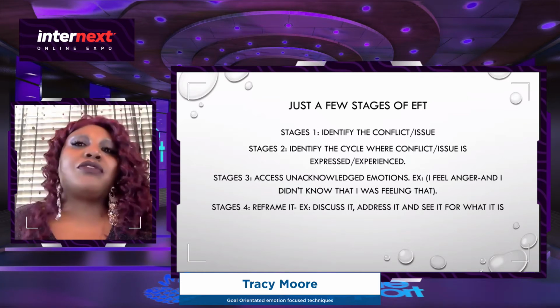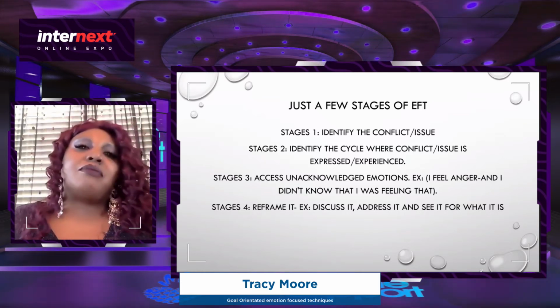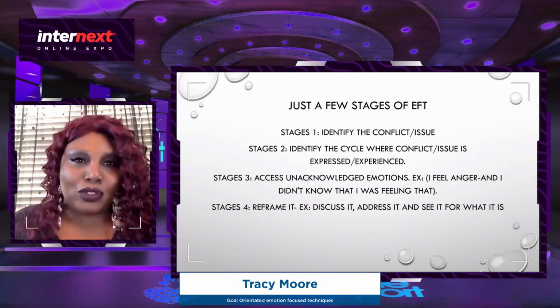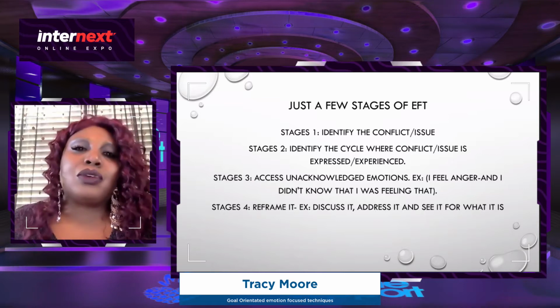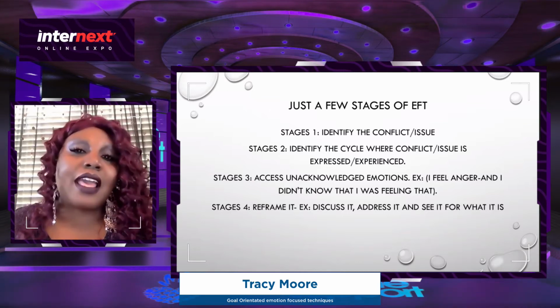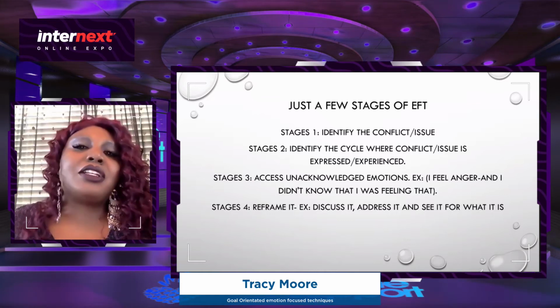So just a few stages of EFT we're going to start with first. Stage 1, identify the conflict and the issue. Stage 2, identify the cycle where the conflict or the issue is expressed and experienced. Stage 3, access unacknowledged emotions.